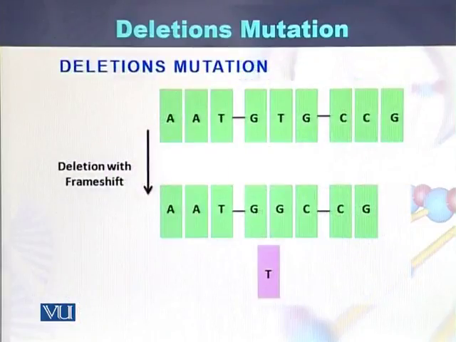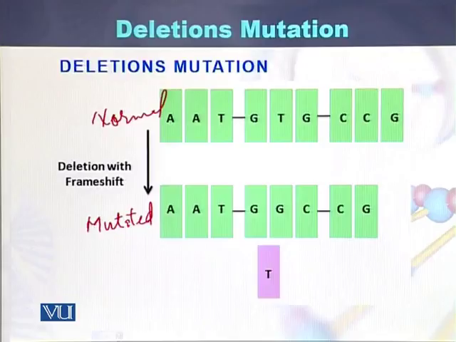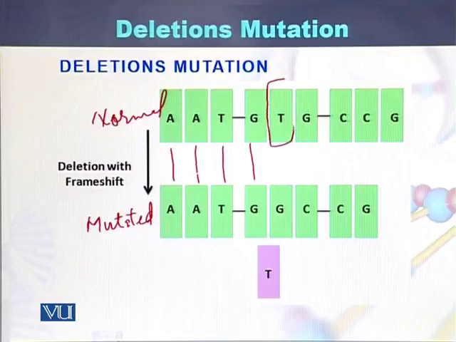In this diagram, we can see what happens as a result of the deletion of a nucleotide. If we do the comparison between the normal sequence of the gene, this is the normal sequence of the gene, while this is the mutated sequence, a sequence in which a nucleotide has been deleted. Here we see that in the normal sequence there was a T, thymine.